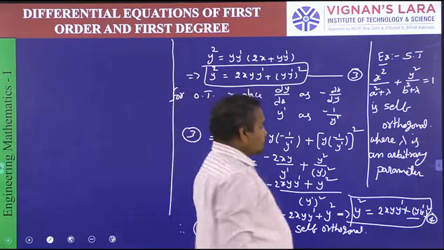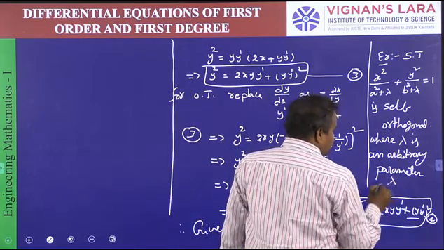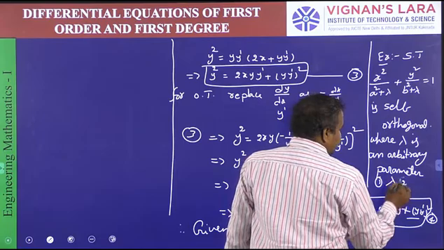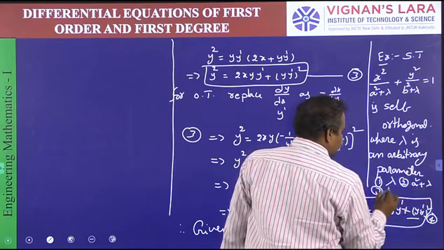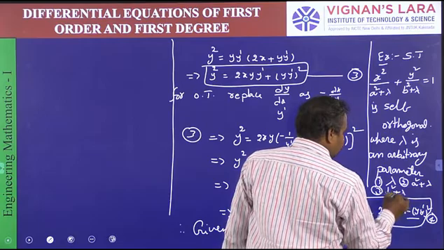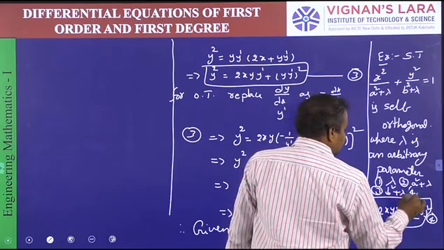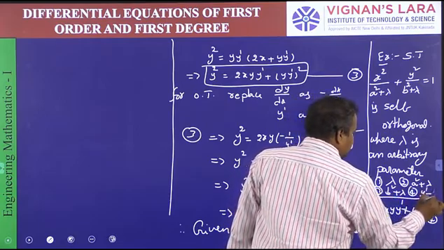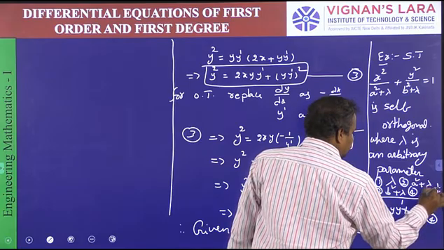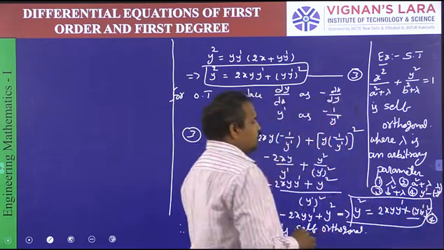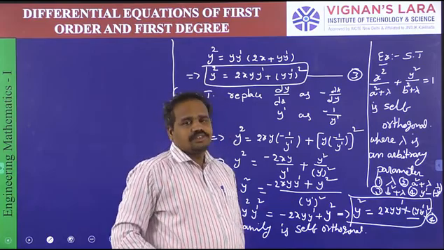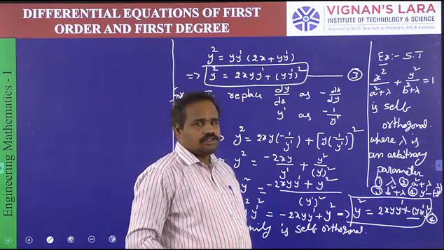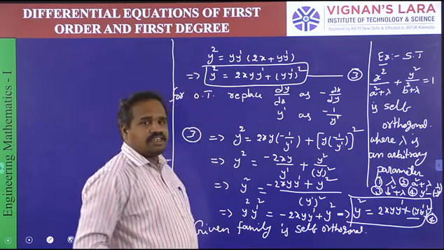So first calculate lambda, next calculate a squared plus lambda, next calculate b squared plus lambda, next replace y dash as minus 1 by y dash. If you do these steps, you will get that the family is self-orthogonal. So like this you have to complete that one.